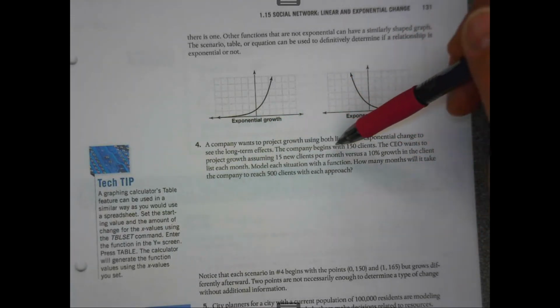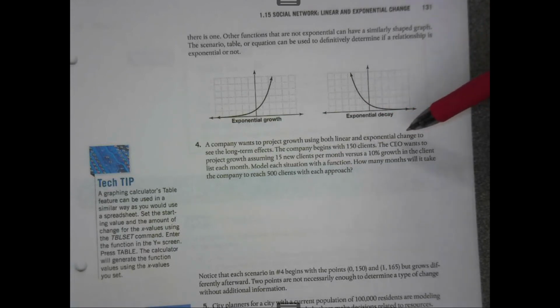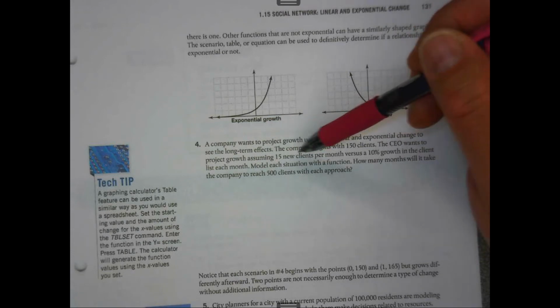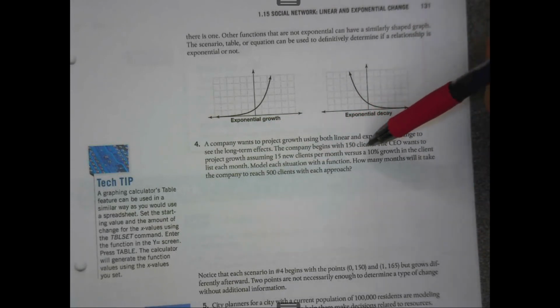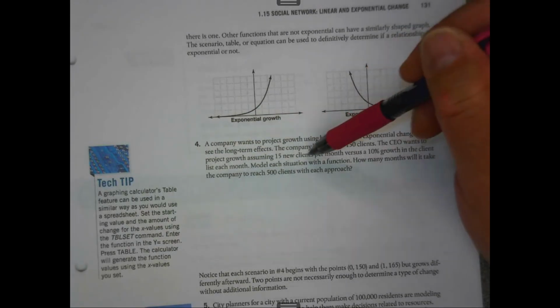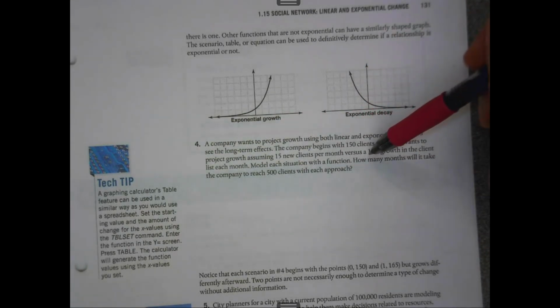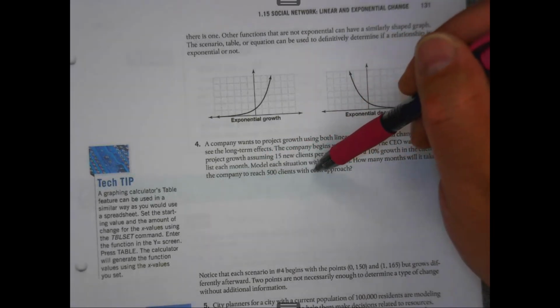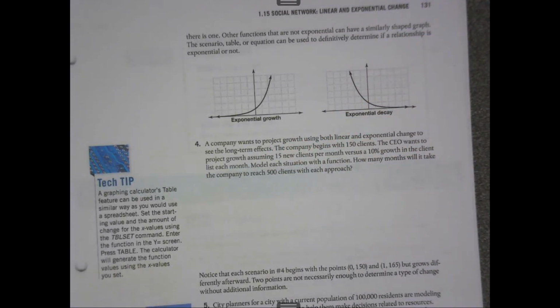The company begins with 150 clients. The CEO wants to project growth, assuming 15 new clients per month versus a 10% growth per month. Model each situation with a function. How many months will it take the company to reach 500 clients with each approach?